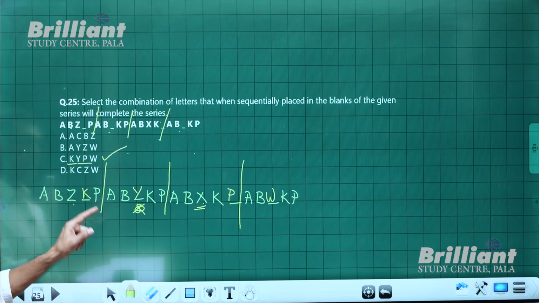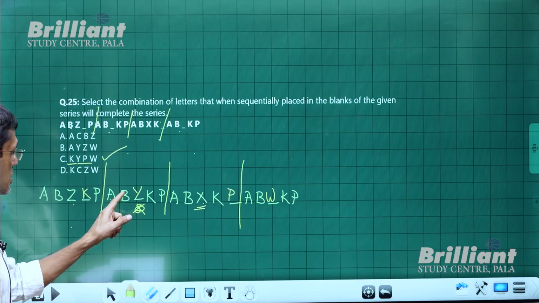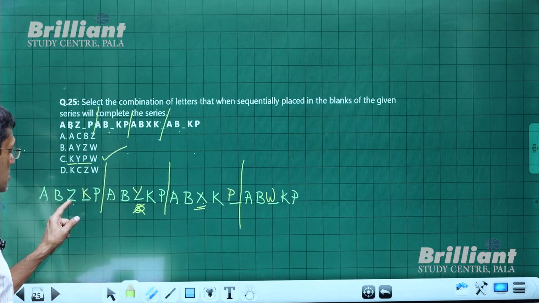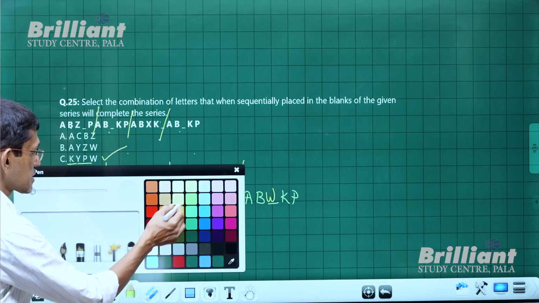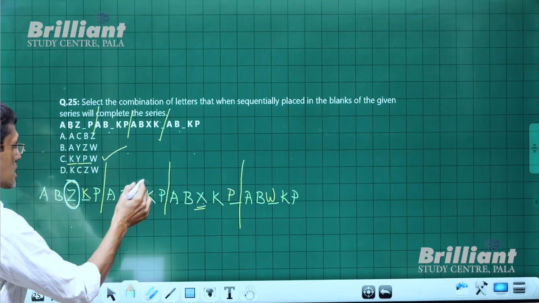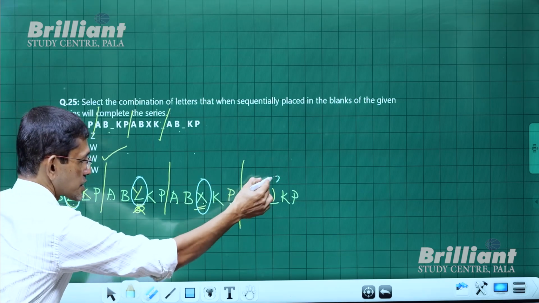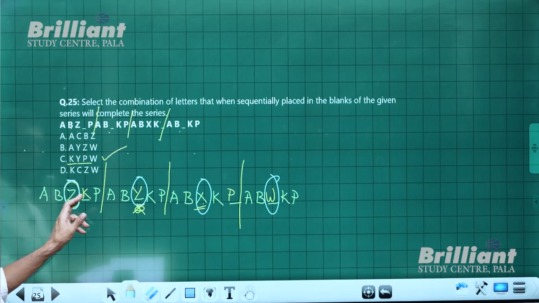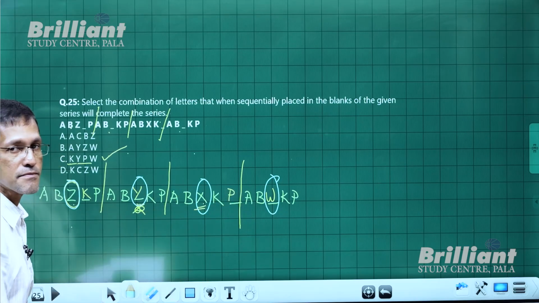A, B, Z, K, P, A, B, Y, K, P. The only letter which changes in these different sets is the middle letter. Z here, and here it's Y, and here it's X, and here it's W. All the four other letters, A, B, K, P, are exactly the same in every set.